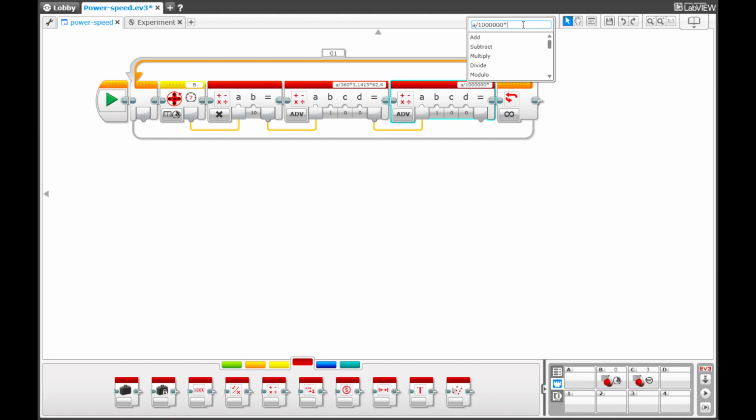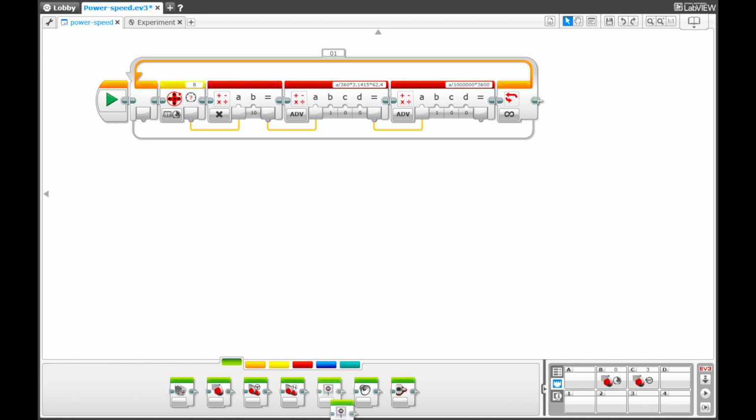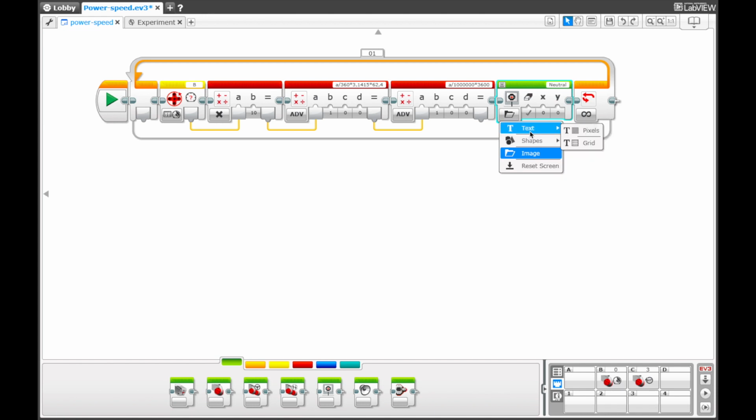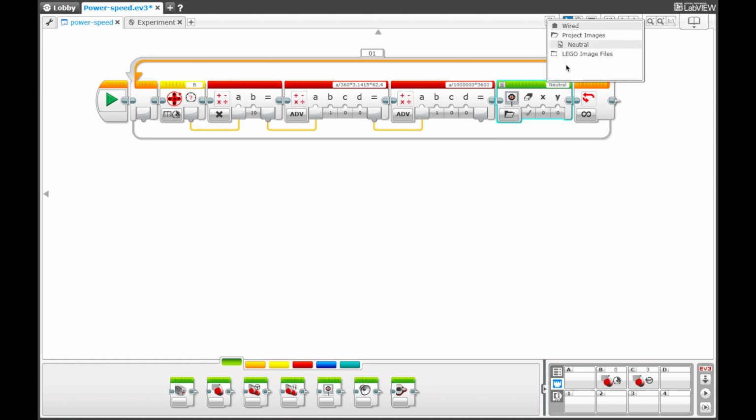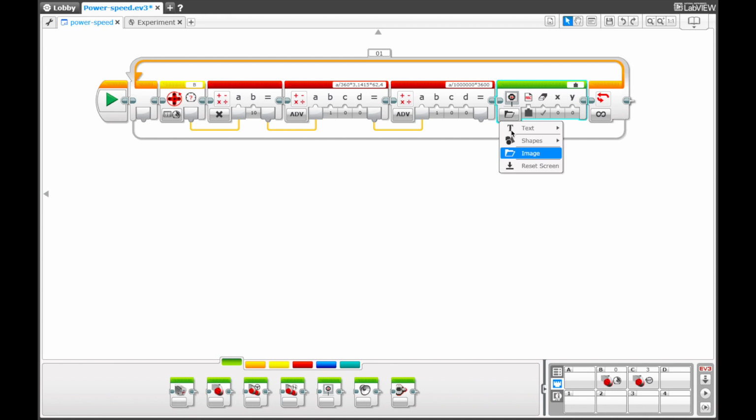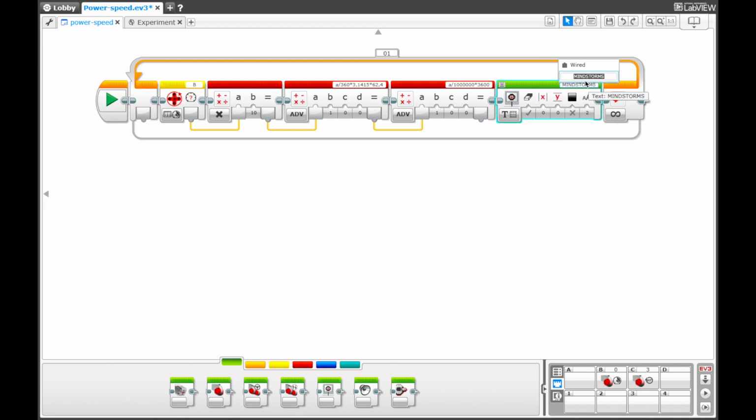We want to drive cars at kilometers per hour, so we will multiply this by 3600 because there are 3600 seconds in an hour, and then we get our speed in kilometers per hour. Now this calculation we will plot to the screen. Put it in text mode, set it to wired, and show my result on screen.